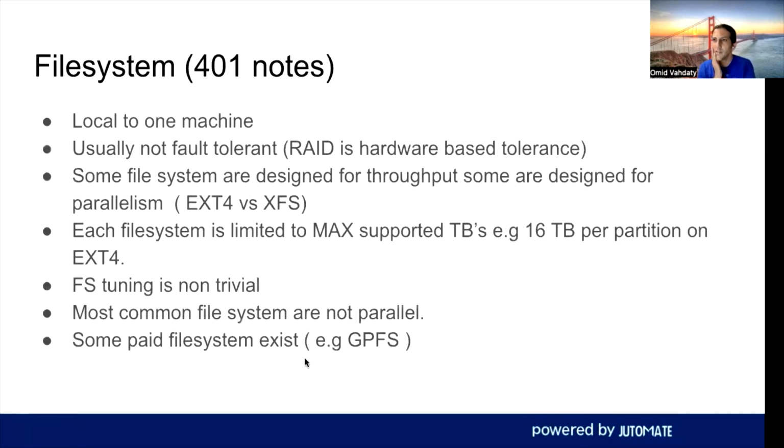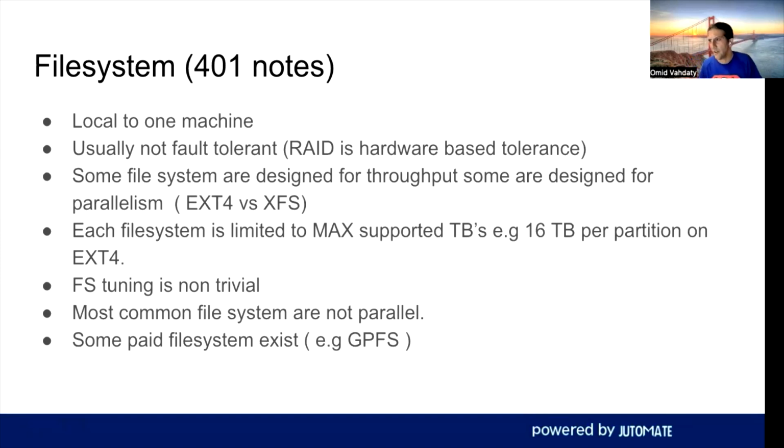So let's talk about the file system a little bit. It's a bit advanced, so if you don't get it, it's not really important, but usually a file system is local to one machine. It's usually not fault tolerant, meaning you can create a hardware-based fault tolerance by RAID, by combining 2 disks and mirroring the data, but it's not relevant for EMR.